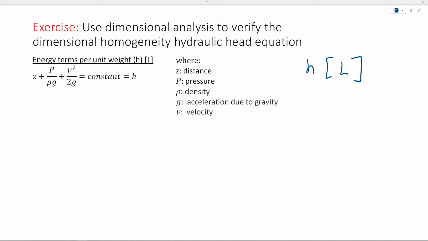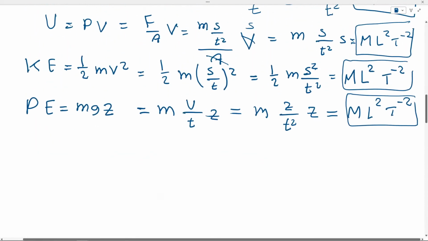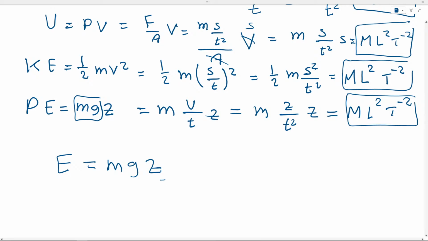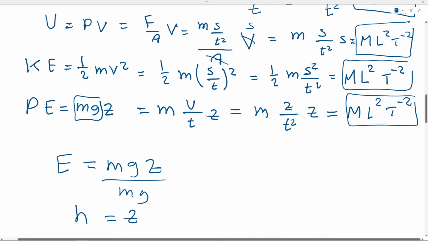So you divide the energy by weight, by mg. Let's say energy is equal to mgz. If you divide this by mg, that will give you h.